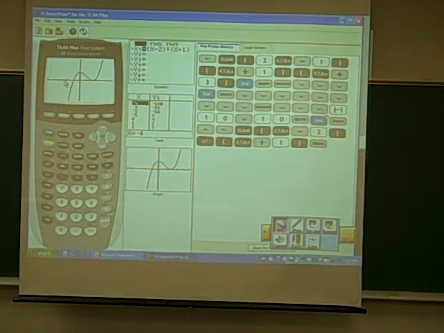Okay, so we need a table of values of negative 2, negative 1, 0, 1, 2, and then 3. Okay, so we've got a negative 2 and a negative 16.